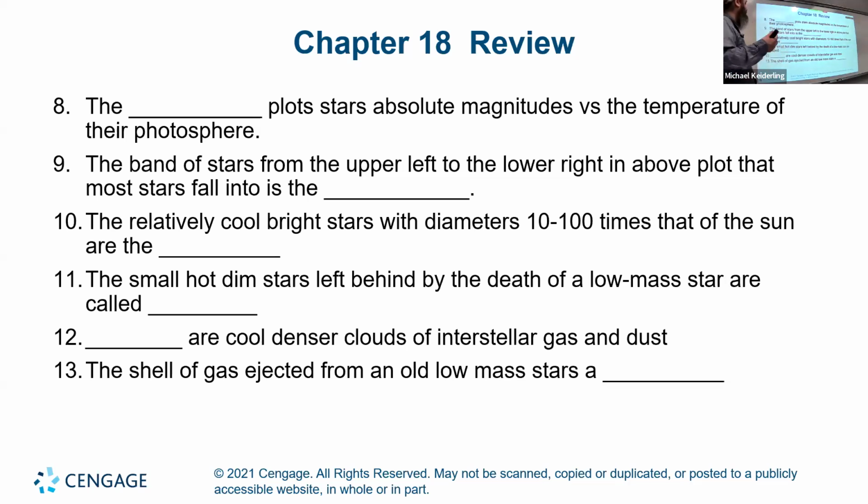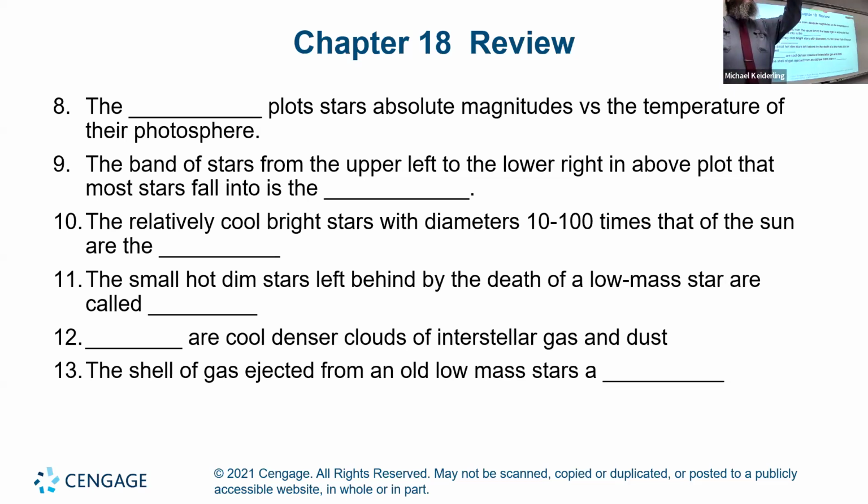The relatively cool, bright stars up in the upper right-hand corner of the Hertzsprung-Russell diagram, with diameters 10 to 100 times that of the sun, are the red giants. And in the opposite corner, the small, hot, dim stars left behind by the death of a low-mass star are called white dwarfs.